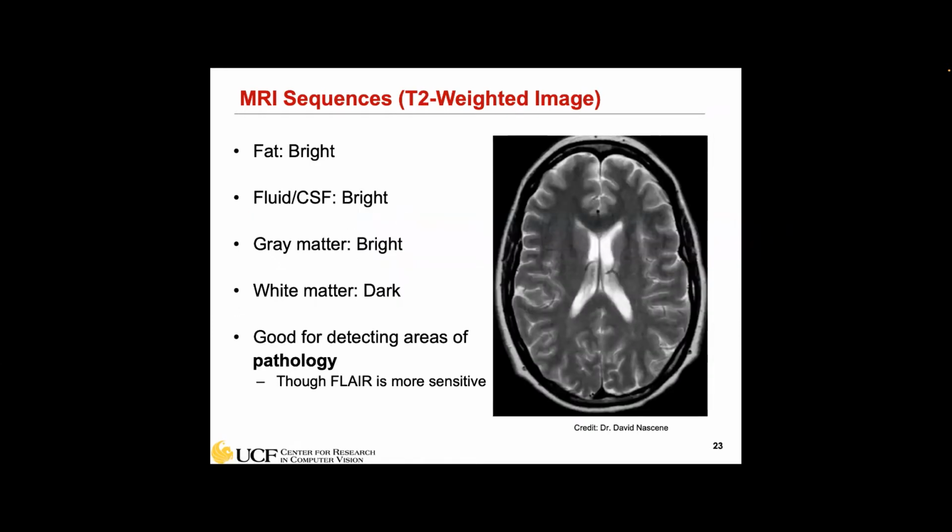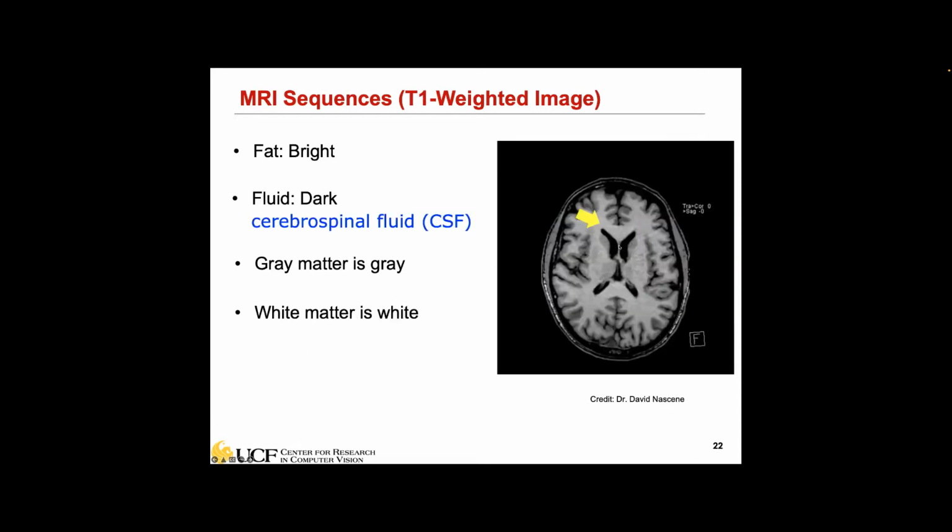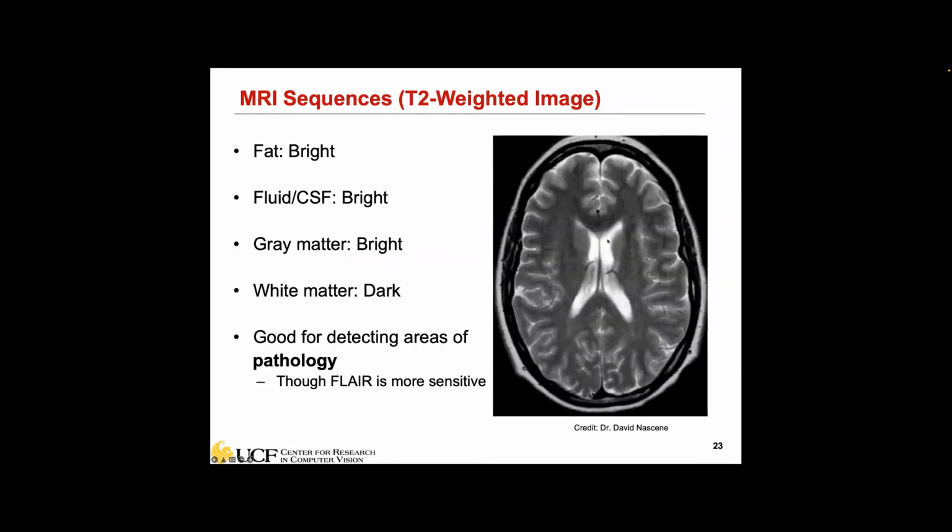For the T2 weighted image, the fat is also bright, outside here. But the fluid, the CSF, is the opposite of what it shows in the T1, right? Remember in the T1, this fluid was showing dark, but here on the T2, it is bright, okay?